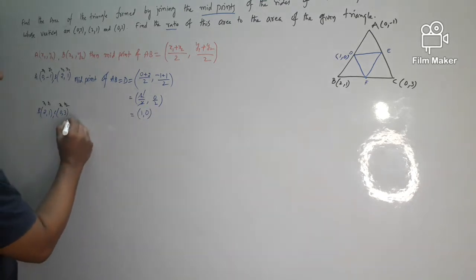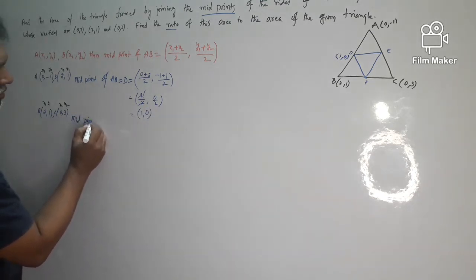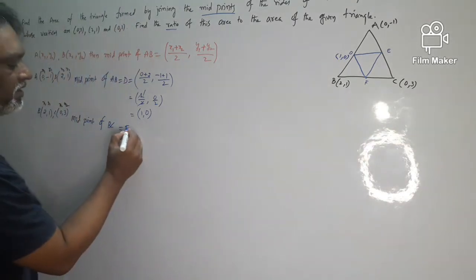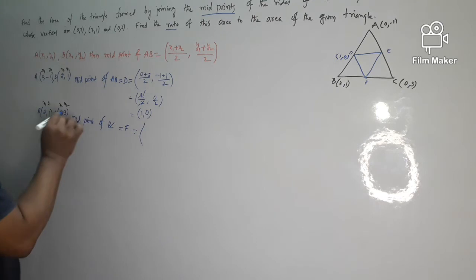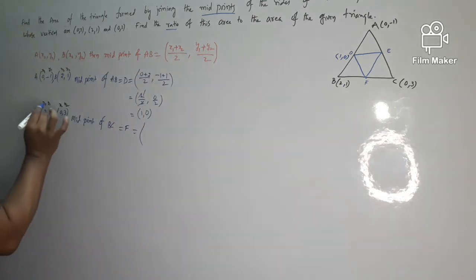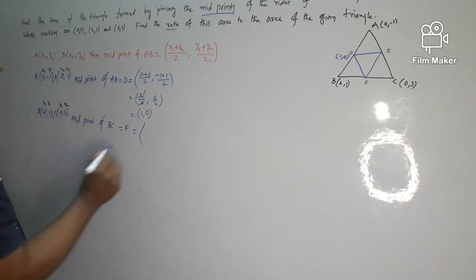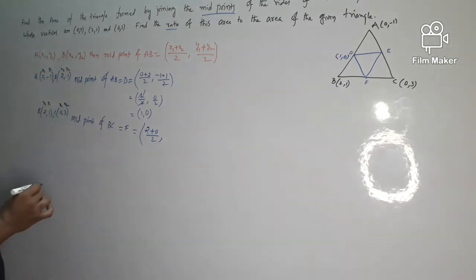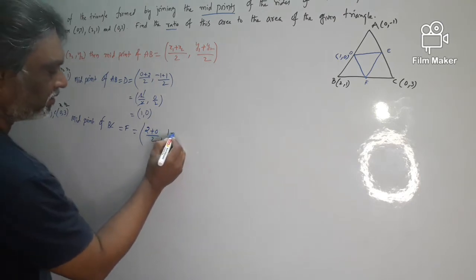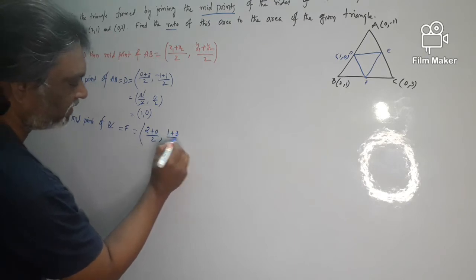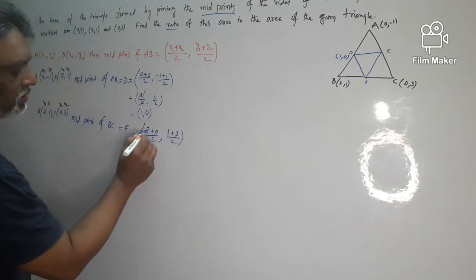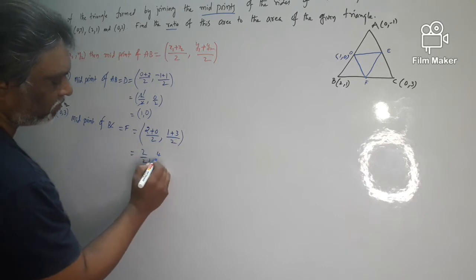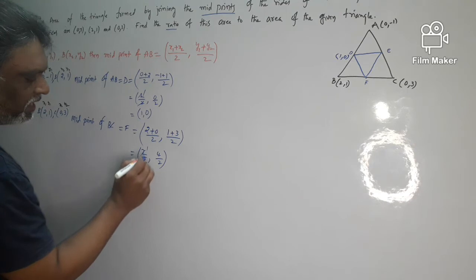Midpoint of BC is F. Substitute these values in the formula: x1 is 2, x2 is 0, so (2 plus 0) by 2, which is 1. y1 is 1, y2 is 3, so (1 plus 3) by 2, which is 4 by 2, which is 2.